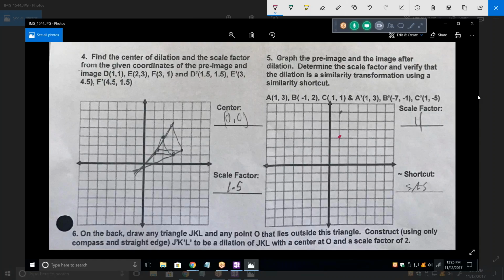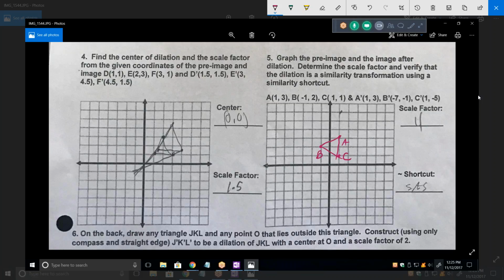This time I'm going to use different colors. There's (1, 3). There is (-1, 2). That's A. B. And C is (1, 1). So there's A, B, and C.